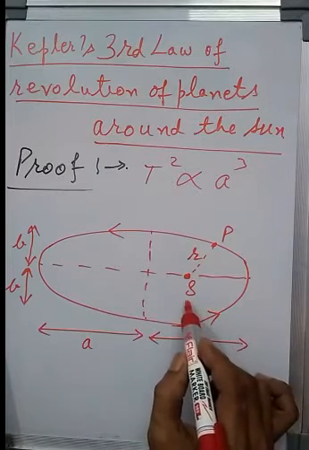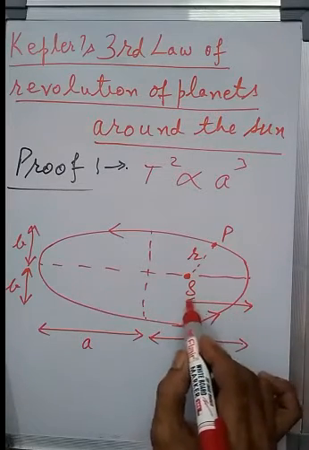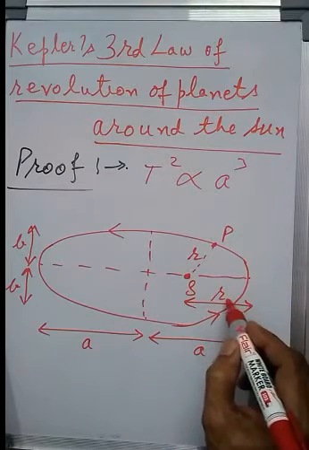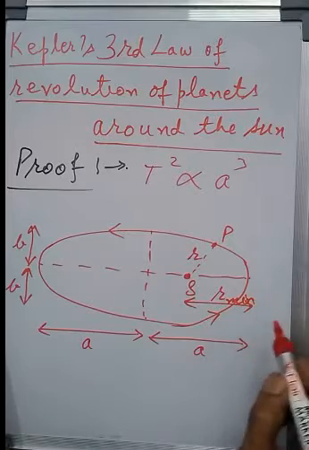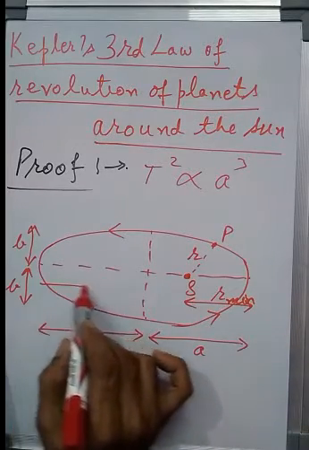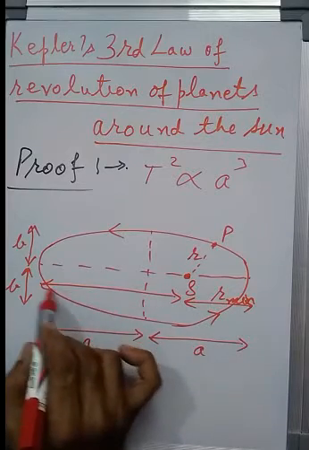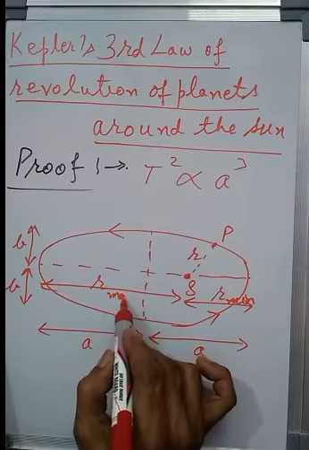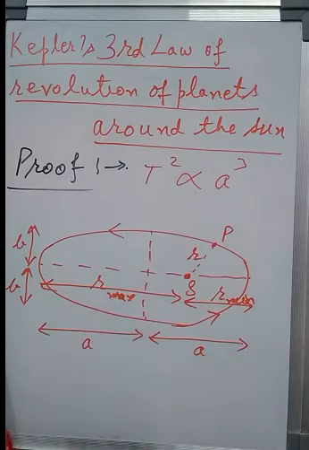Looking at the diagram, this distance will be the minimum value of r when the Sun and planet are closest to each other, and the maximum value of r will be this one, which I will call r maximum. So this is a brief about Kepler's third law of revolution.